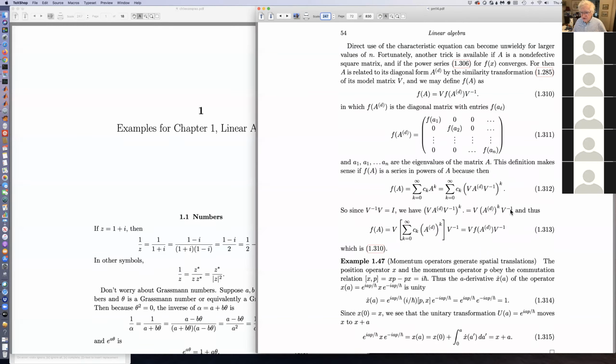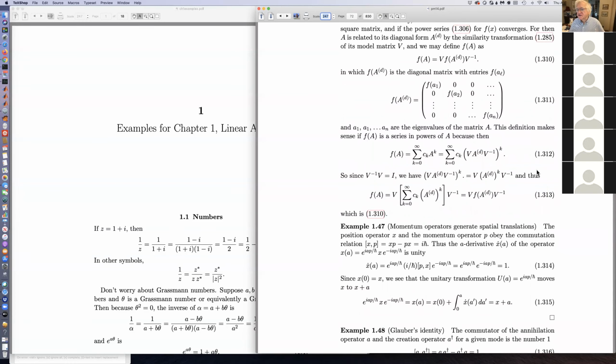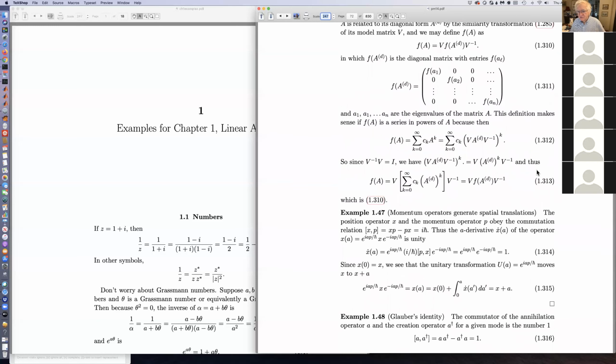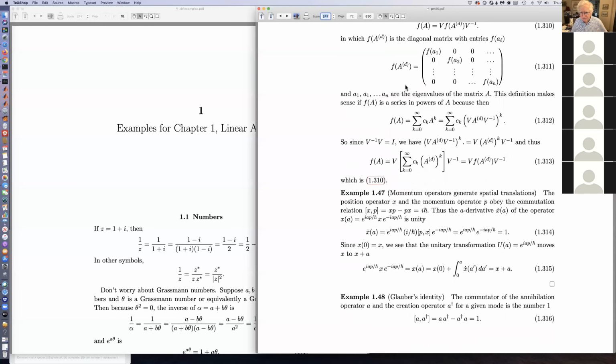And that then is just V f of A_D, which is this expression, times V inverse. So this is a very compact, very nice equation. And this is how we understand functions of matrices or functions of operators in quantum mechanics.